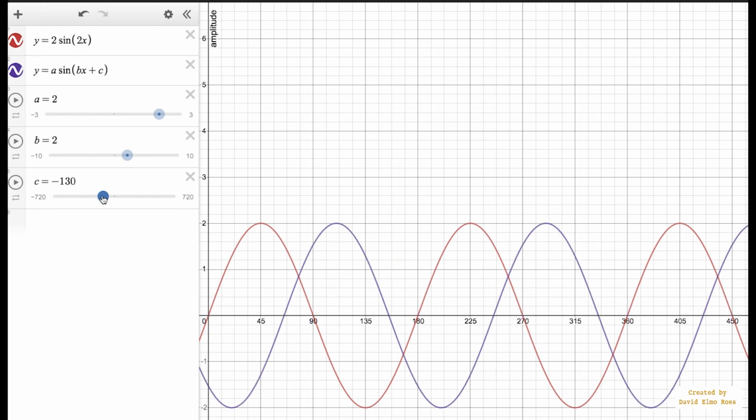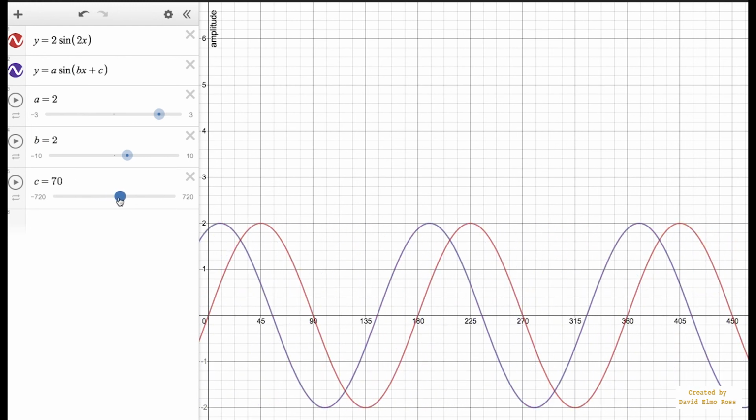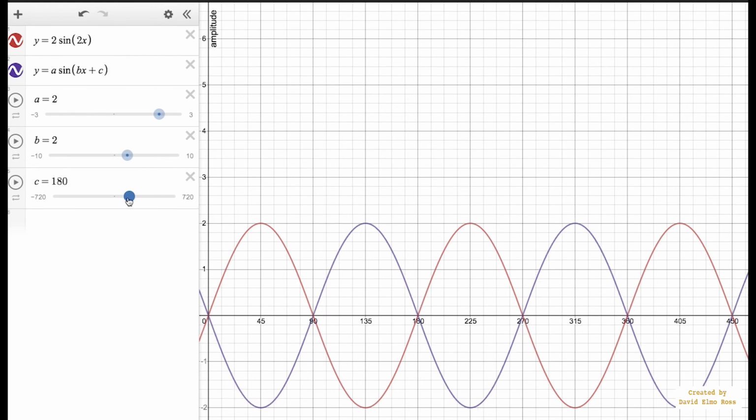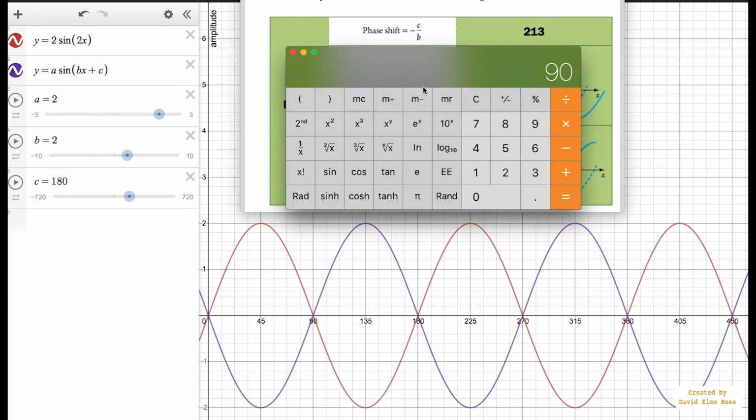Let's see what happens when we move the wave past 0 again to a different number. Let's try this number here, 180. And here's our original wave again. And let's just see what that does. So if we look at the calculation here, this is 180, and it's negative of that, divided by B, which is in our case 2.